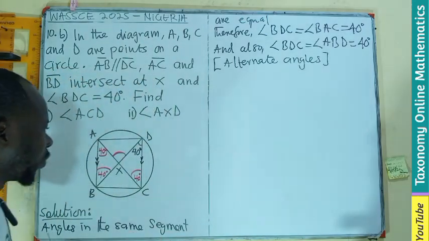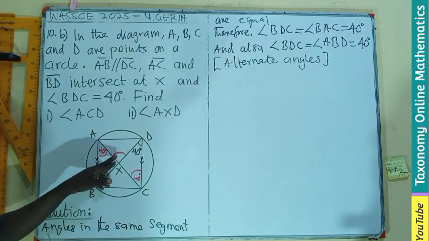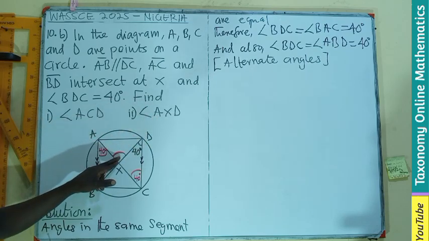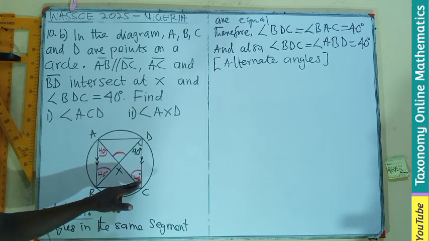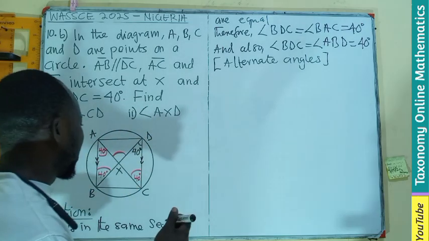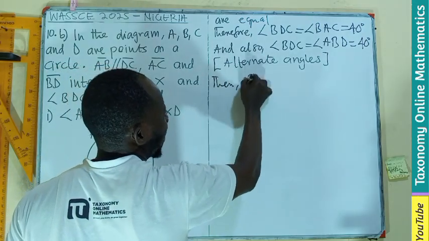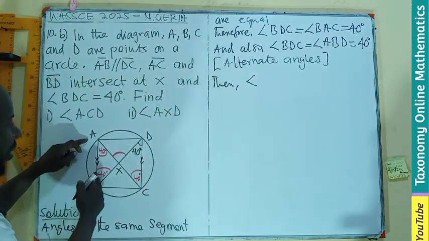So if that is also true, then we can say that the angle now we are asked to find here will be this. I can also now find this, which is going to be, then let's go to the angle we have here.